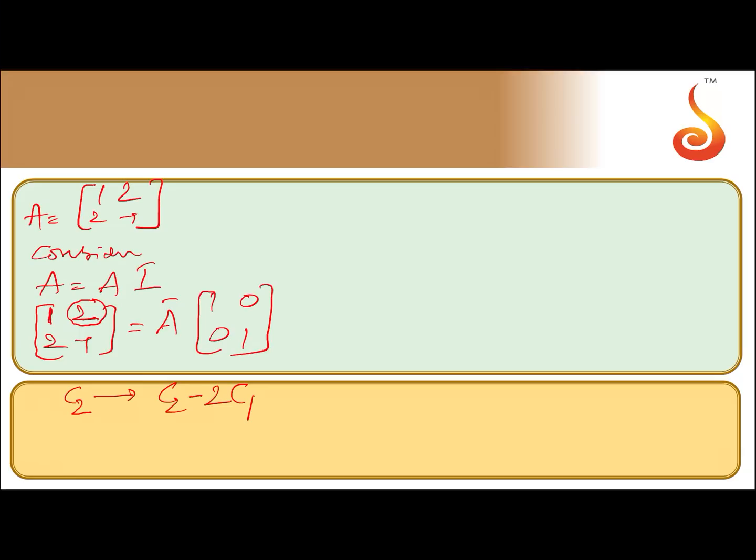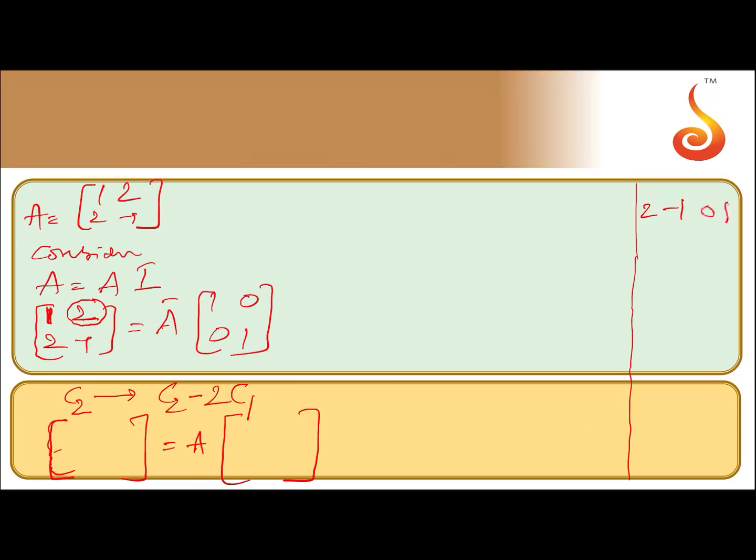Because here it is 2, if you multiply the first column by 2, you get 2 here, and 2 minus 2 will become 0. So you will get the matrix like this, that is equal to A multiplied by, same as in the previous slide, I will consider the calculations on the right side. The C2 column is 2, minus 1, and here 0, 1.